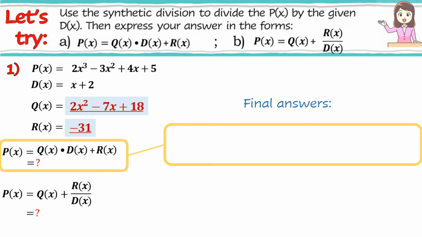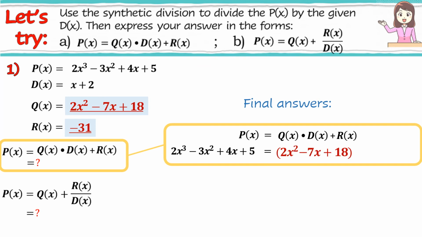So, that is P of x is equal to Q of x times D of x plus R of x. So, that is equal to ang ating P of x ay yung given na P of x, 2x cubed minus 3x squared plus 4x plus 5. That is equal to Q of x. Ang Q of x natin ay 2x squared minus 7x plus 18 times D of x natin ay x plus 2 plus R of x natin ay negative 31.